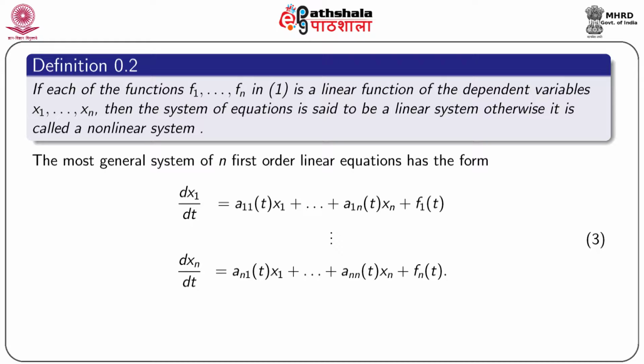The most general system of n first order linear differential equations will have the form given by equation 3, which is dx1/dt equal to a11 x1 plus a12 x2 plus ... plus a1n xn plus some f1(t), like that, dxn/dt is equal to an1 x1 plus an2 x2 plus ... plus ann xn plus some fn(t).